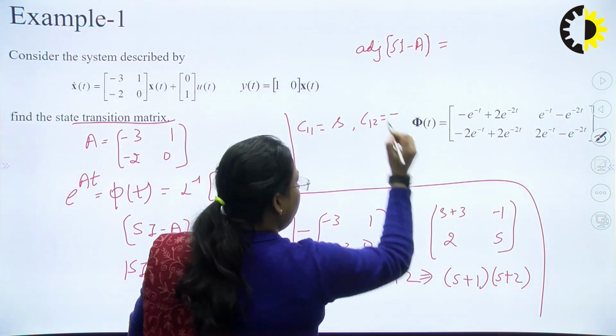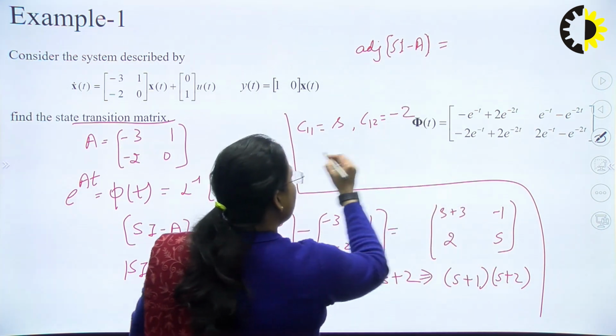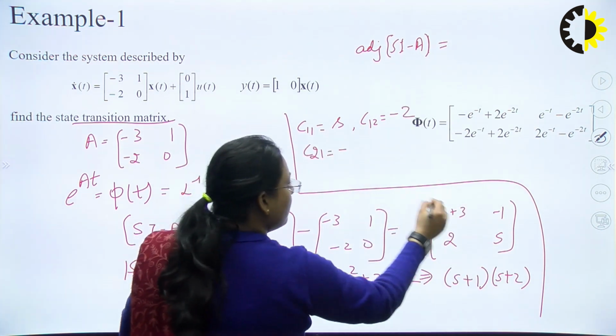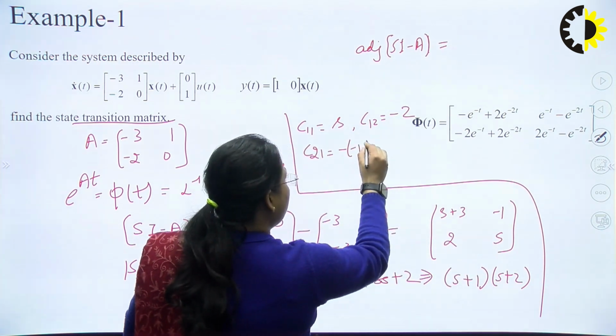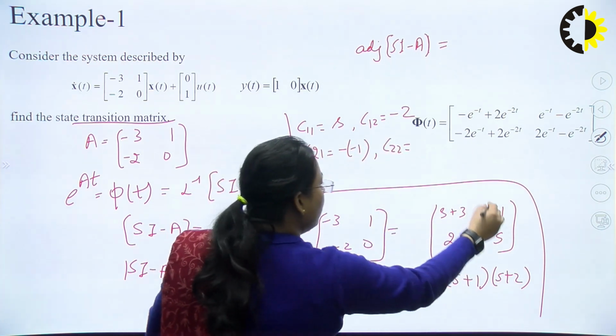C12 will be equal to minus of minus 2. C21 will be equal to minus of minus 1, that means plus 1, and C22 will be equal to s plus 3, right?